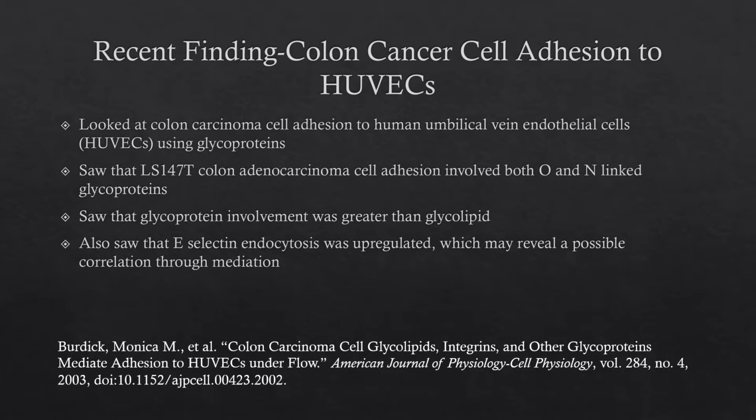They saw that LS147T colon adenocarcinoma cell adhesion involved both the O- and the N-linked glycoproteins. They also saw that there was more glycoprotein involvement than glycolipid involvement. And as well, they saw that E-selectin endocytosis was upregulated, which may reveal a possible correlation between these two.